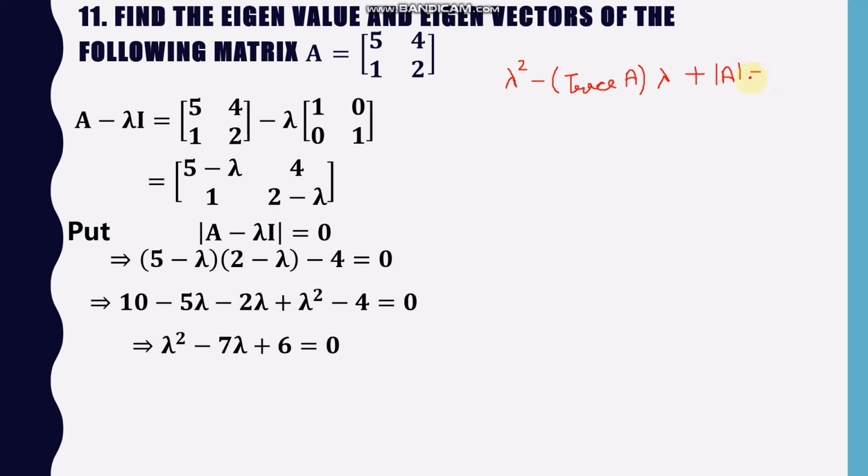So this is a shortcut way of finding out the characteristic equation, and by using this method you can also check that your characteristic equation is coming out to be correct or not.